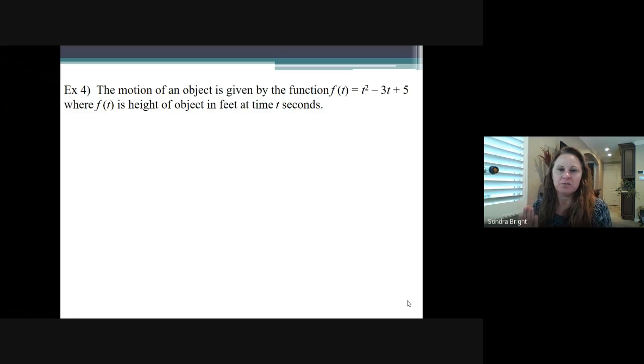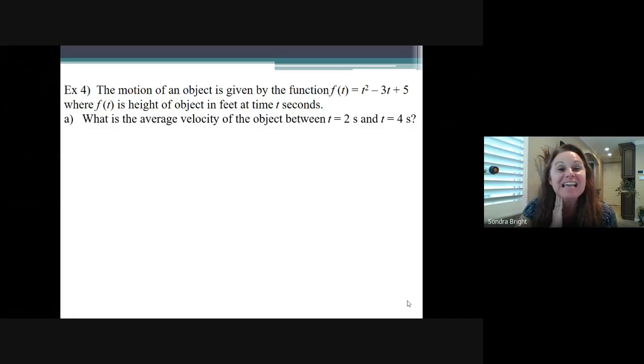This is a parabola. Let's find the average velocity of the object between t equals 2 seconds and 4 seconds.